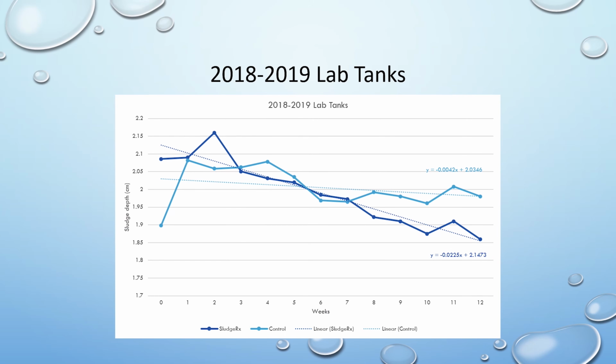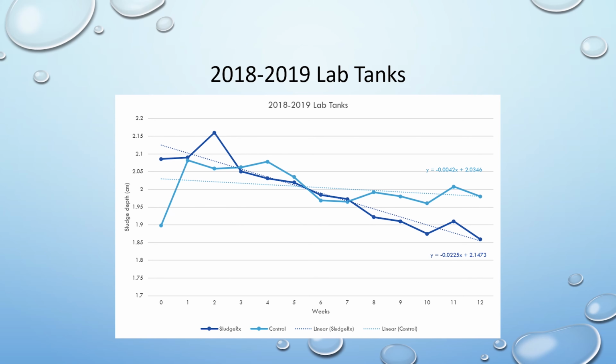So we observed sediment reduction in our lab tanks using Sludge Rx. The control tanks did not have as great a sediment reduction. The trend lines in the Sludge Rx tank, this dark blue one, showed a faster sediment reduction than the control tanks, the light blue one.